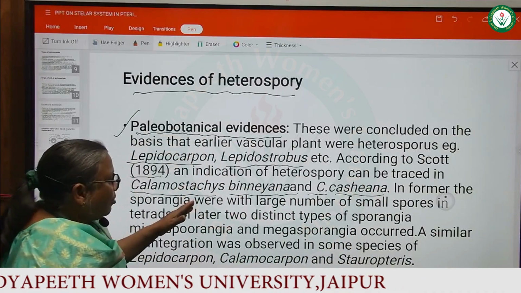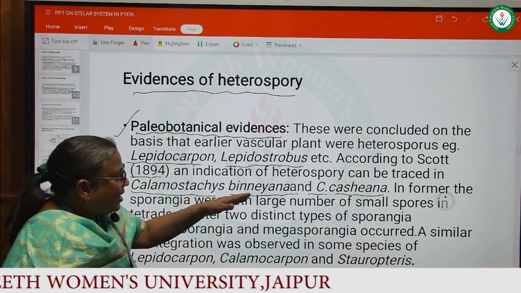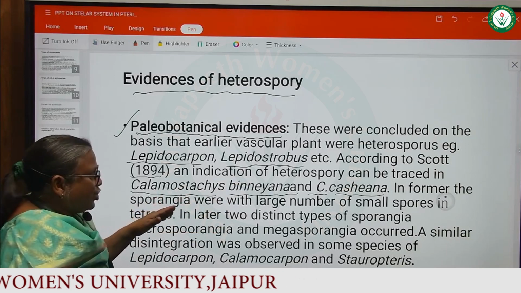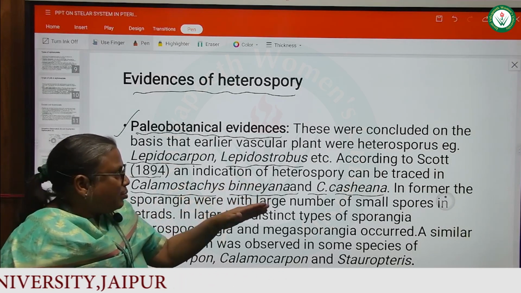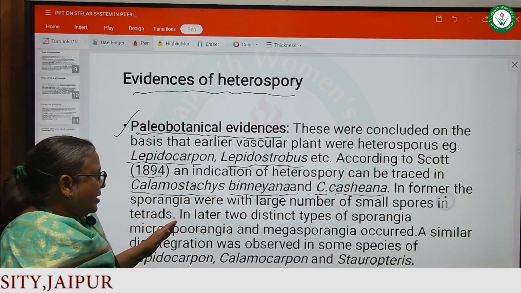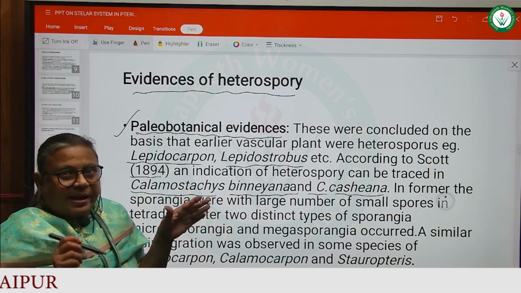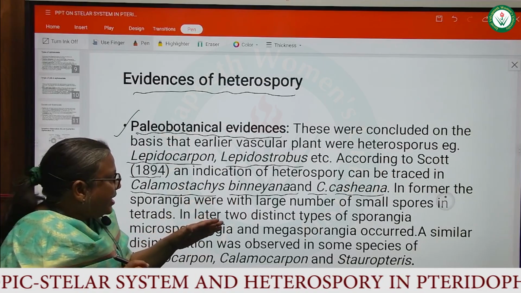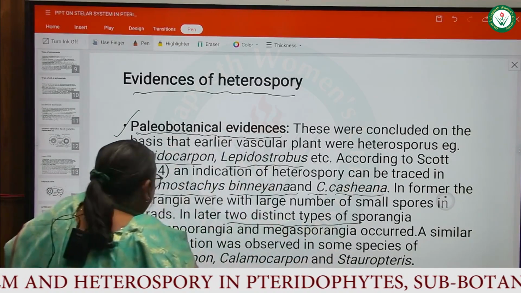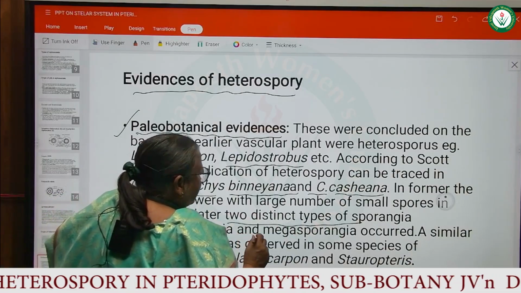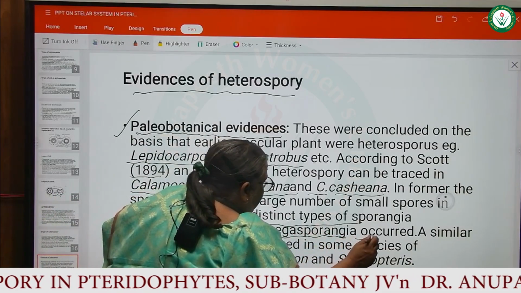In Calamostachys binneyana, the sporangia were with a large number of small spores in tetrads, whereas in Calamostachys casheana, two distinct types of sporangia, microsporangia as well as megasporangia, occurred.